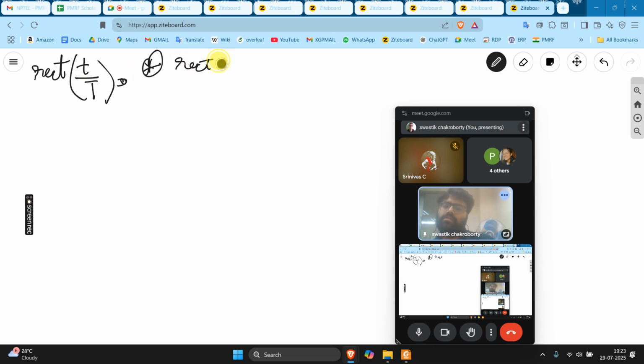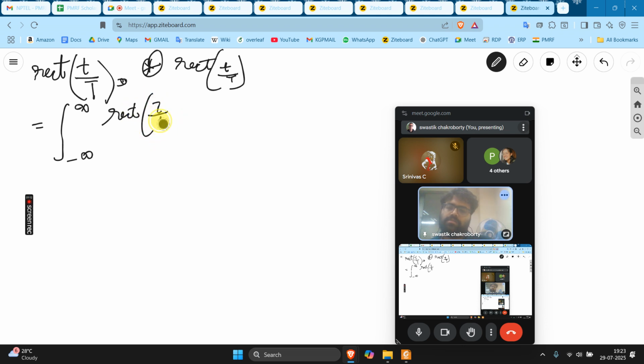That is the definition. Now what does this mean? This means the integral from minus infinity to infinity of rectangular tau by T times rectangular tau minus t by T d tau, right?